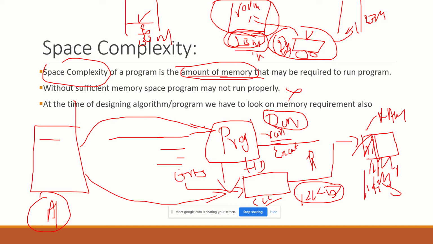At the time of designing the algorithm, we need to take care of the memory requirement also. The less memory it consumes, the more efficient it is. This is my space complexity introduction.